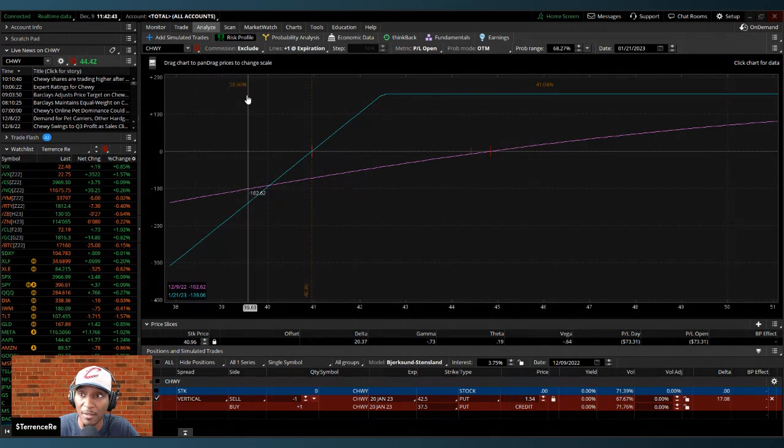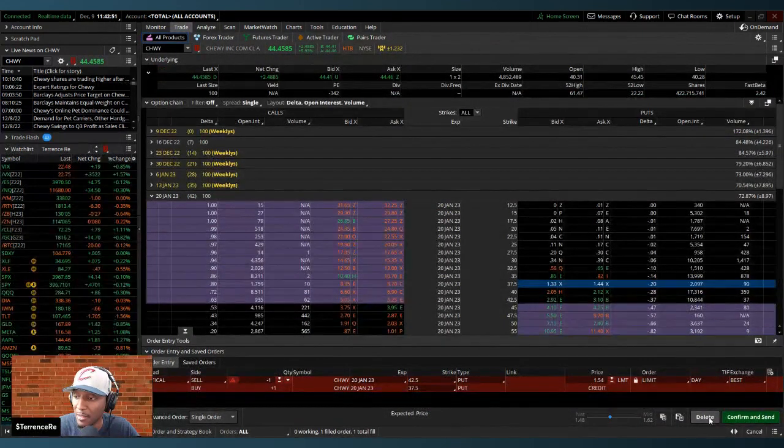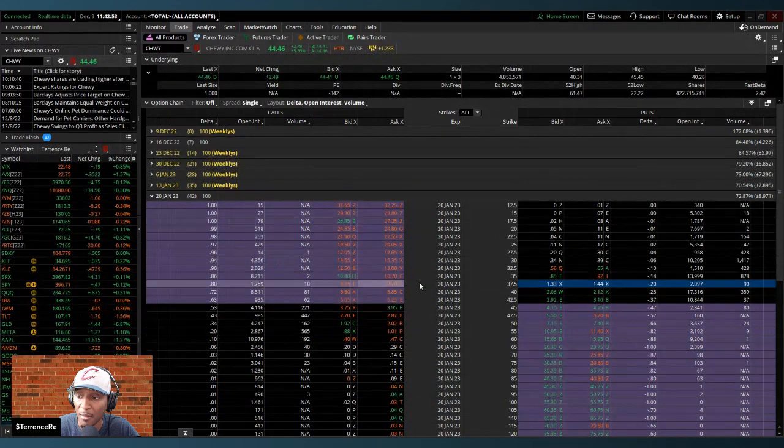This is how it looks on Thinkorswim. Let's go back to the charts. I'm going to go back to the trade tab, delete this out. Now, roughly, you can always use delta as a guide.